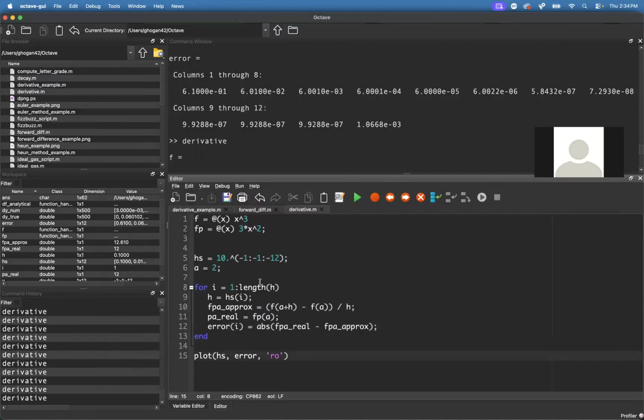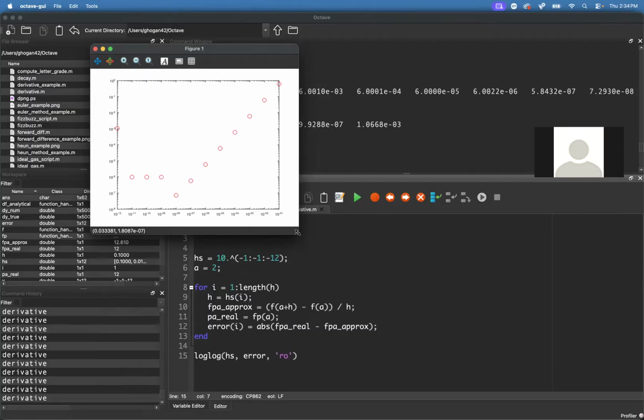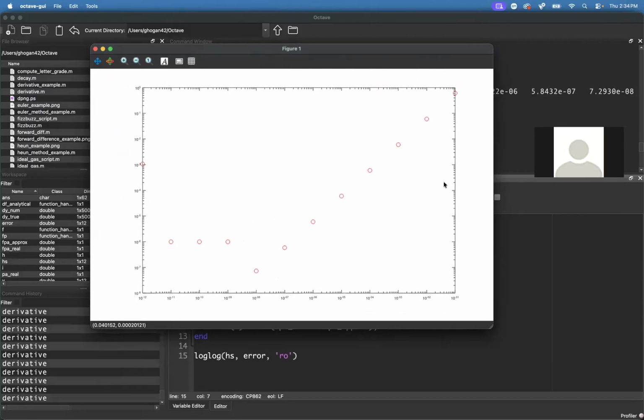And so instead of a regular plot, they like to use what they call a log-log plot. So if I replace this plot with loglog and we save it, I just changed the word plot to loglog, and we plot this, what you'll see, and this is a lot nicer, is that on the y-axis we have 10 to the 0, 10 to the -1, 10 to the -2.